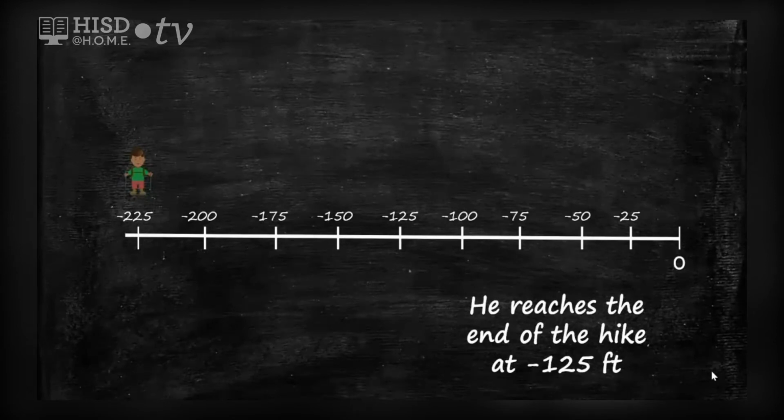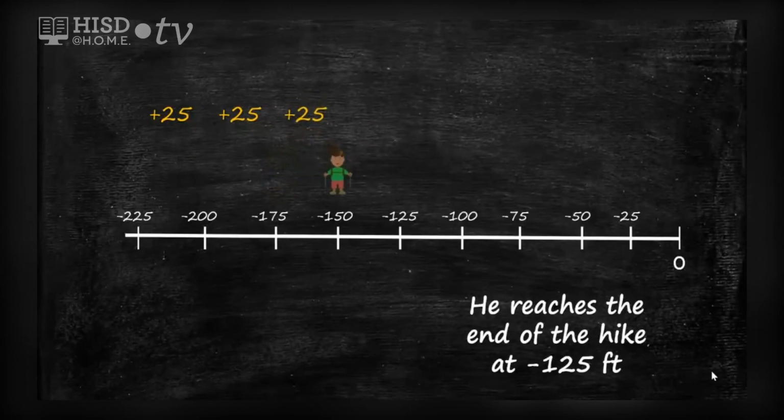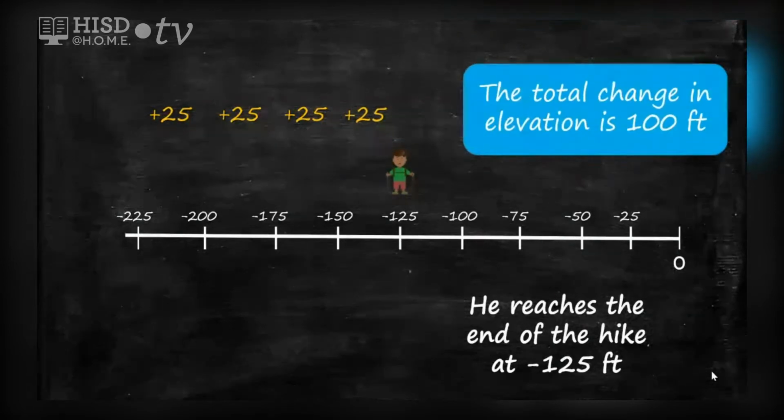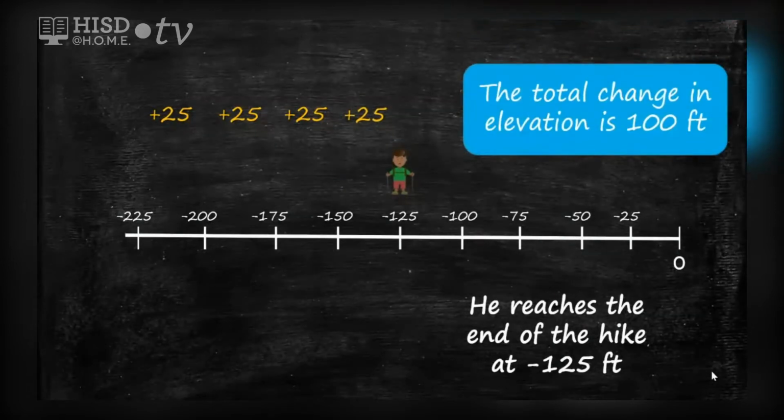Since the hiker is going to move to the right side of the number line, every step that he takes is going to be a positive. So we see here that he completes positive 25 feet. Now he's going to complete another 25 feet, and then he does that 2 more times. So we can say that the total change in elevation is a positive 100 feet.